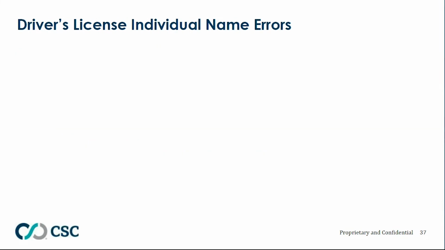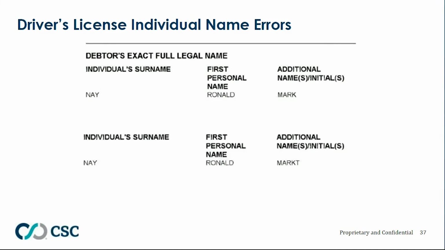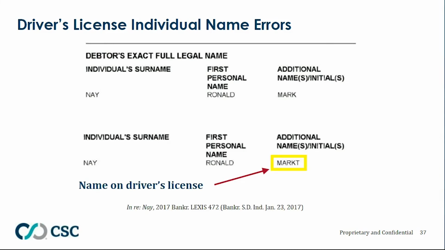Now, here's an example of that Marked situation. The name on the driver's license was Markd with the T. I don't know if that was a typo on the driver's license or what it was, but because of that, the name of just Mark was not sufficient as the name of the debtor, and by omitting the T, it prevented the search from finding the record.